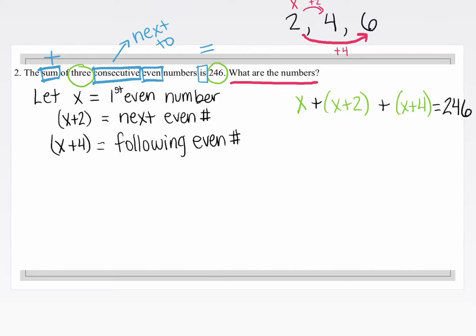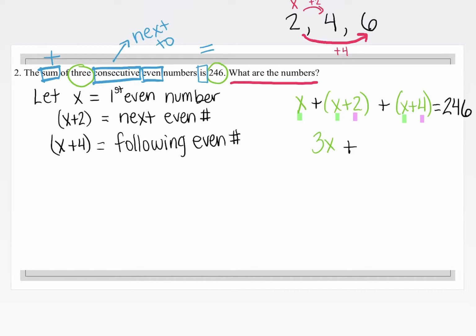Now, looking at this equation here, we want to combine our like terms. So we know we have x, x, and x. If we add them together, x plus x plus x gives us 3x. Then if we still look on the left-hand side and we look at our constants, we have 2 plus 4.